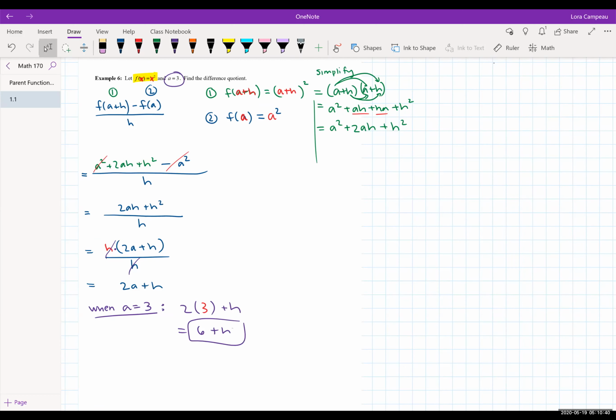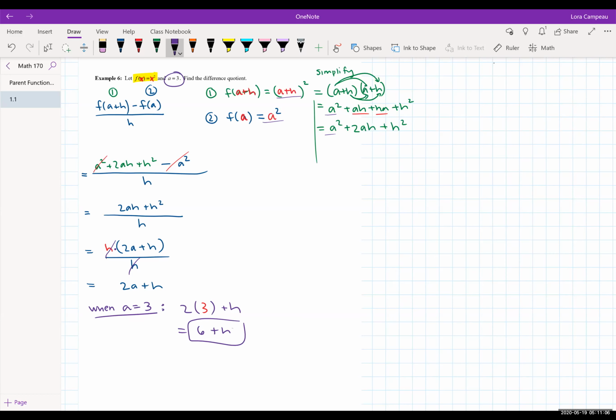And the reason why I like to keep with the generic version of finding f of a plus h and f of a is because those never change. When you start plugging in numbers for a, you start trying to do a little bit more multiplication, the numbers get a little higher. And of course, you're in calculus, you can handle it, but sometimes we like to save our brain power for some of the more in-depth thinking.